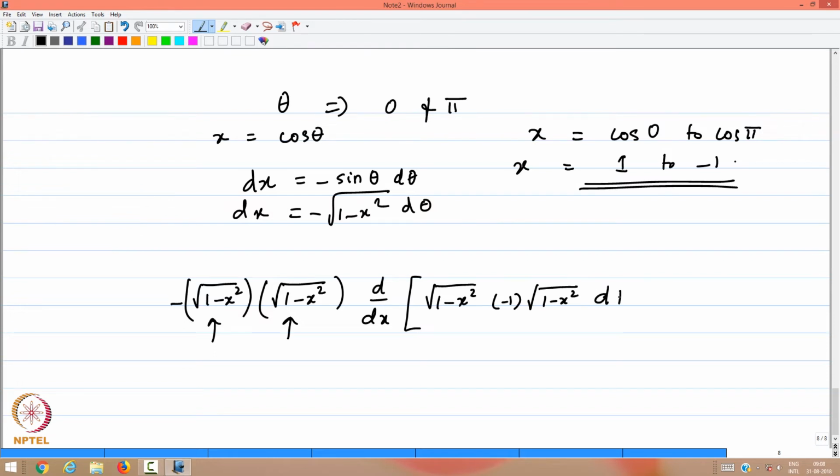And now, let us call the theta function in terms of the x variable, since we are replacing theta by x, P of x.